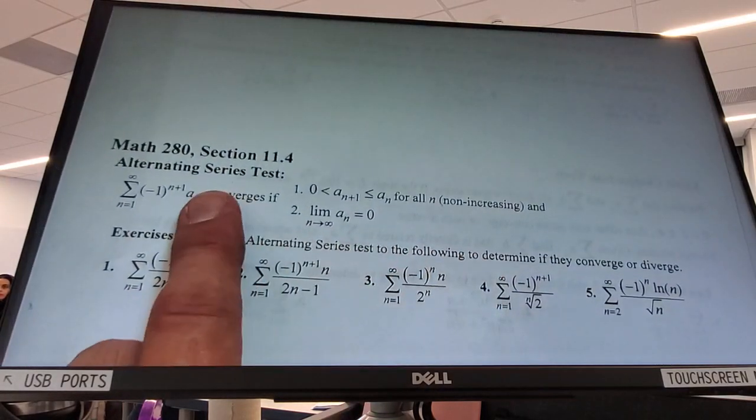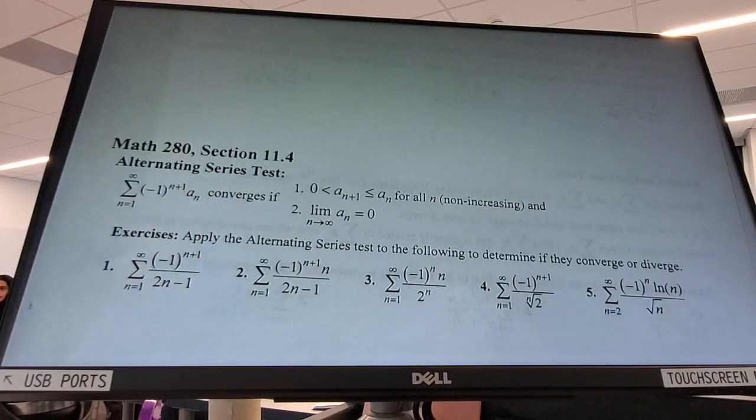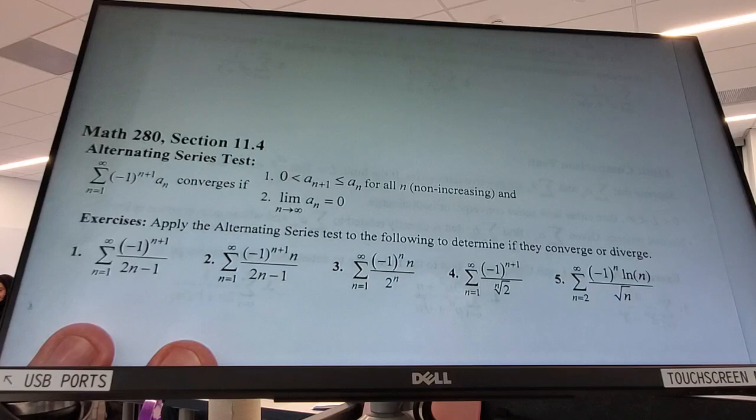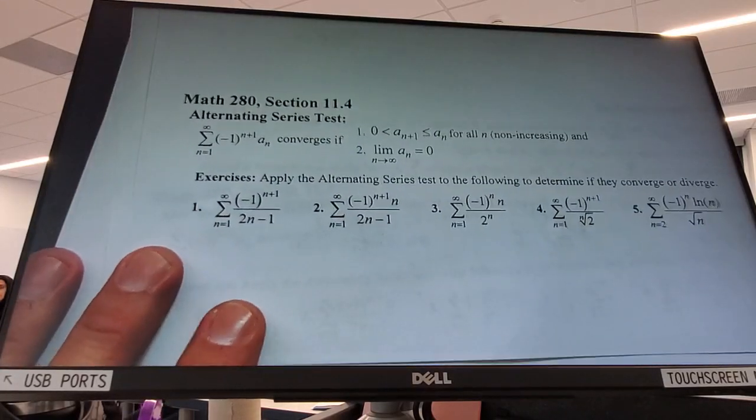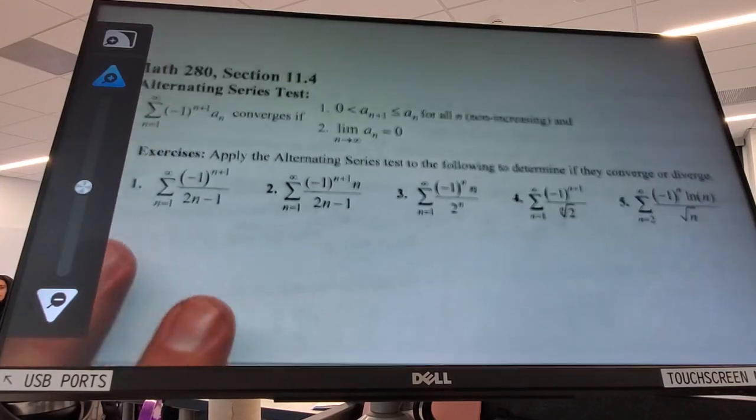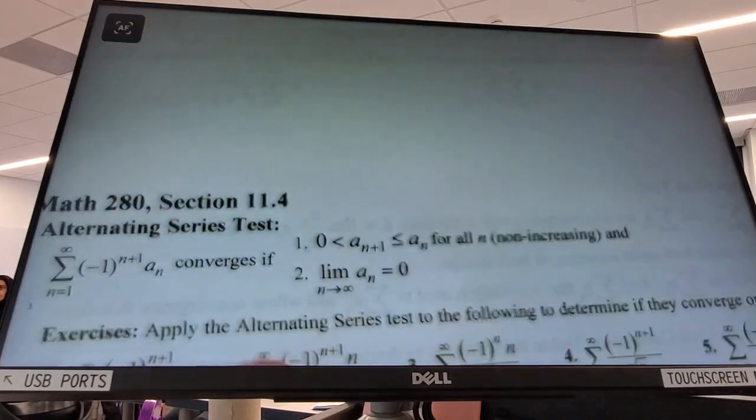Last time we talked about alternating series, yes? Just to kind of look at these alternating series again. Let me know if you need one. You need one? Yep. Okay.